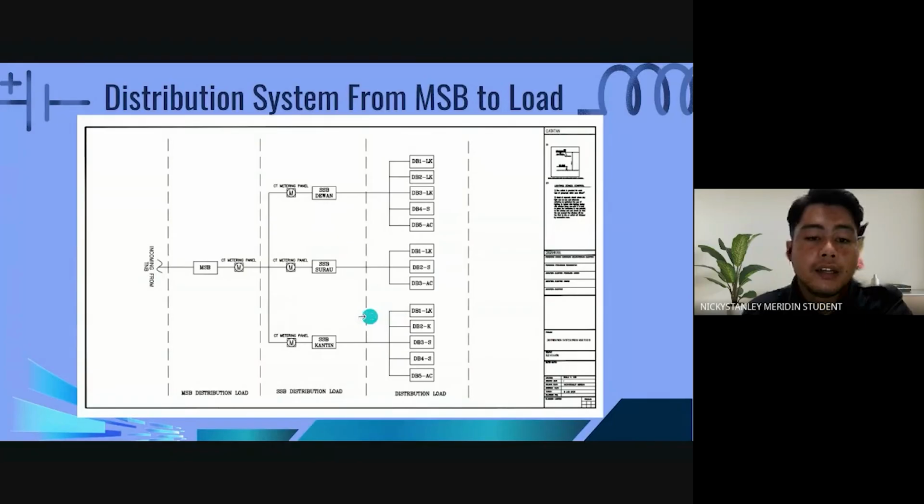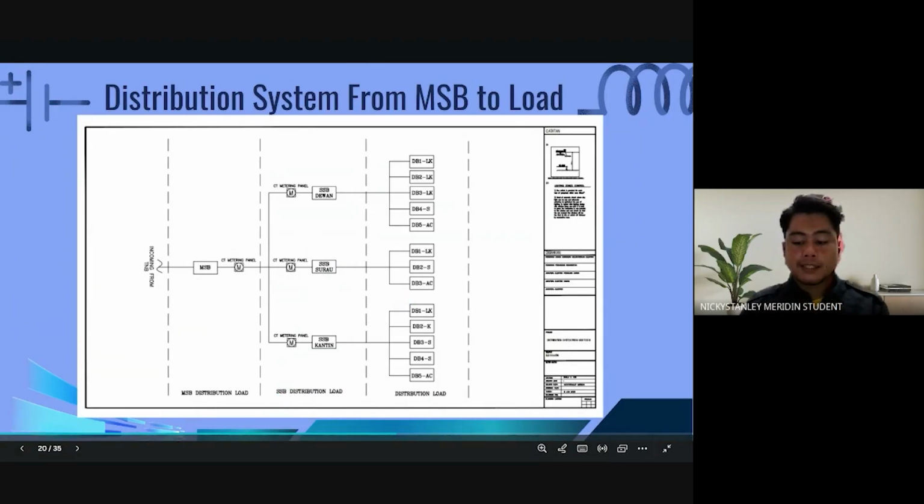Then as you can see here, we put a meter for the entire system because we want to know the RM cost for the entire system that we design. And we also put a meter at each SSB because we want to know the cost for each SSB. So let's go to the next slide.